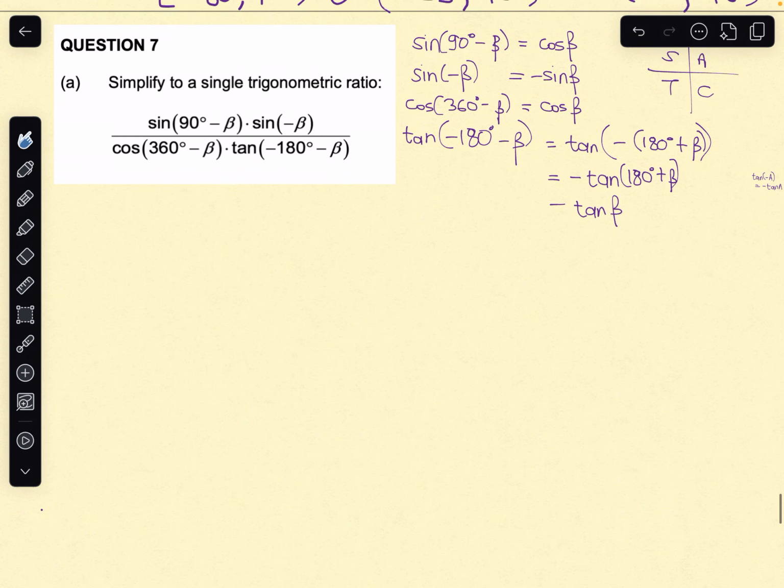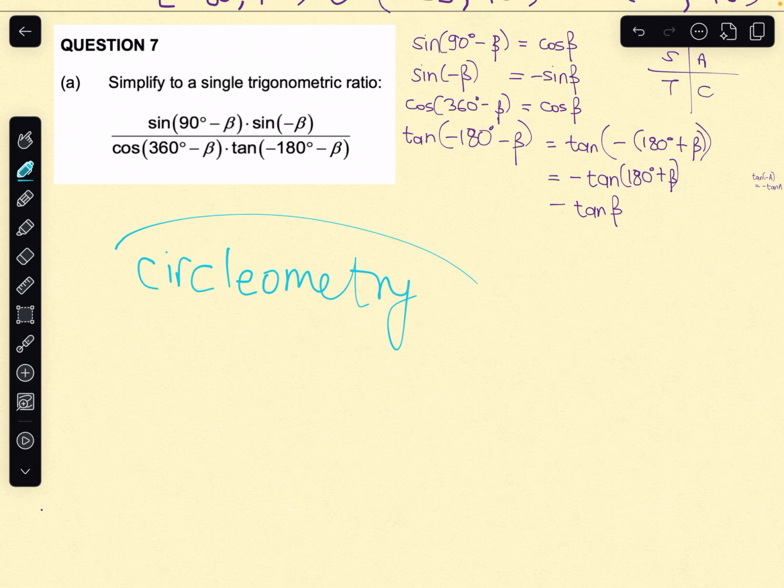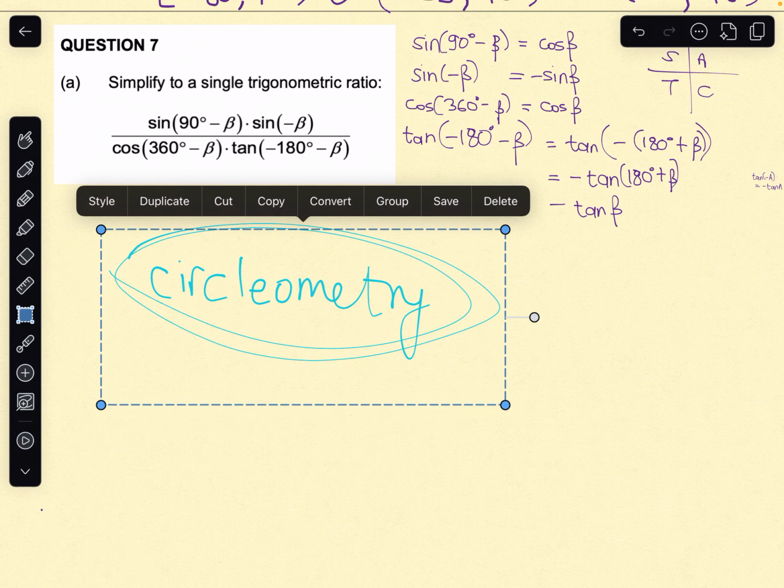I think if you just Google circulometry, if you look for that on YouTube, you'll probably find him. This really changed the way that I think about trigonometry and made these things feel less foreign to me.